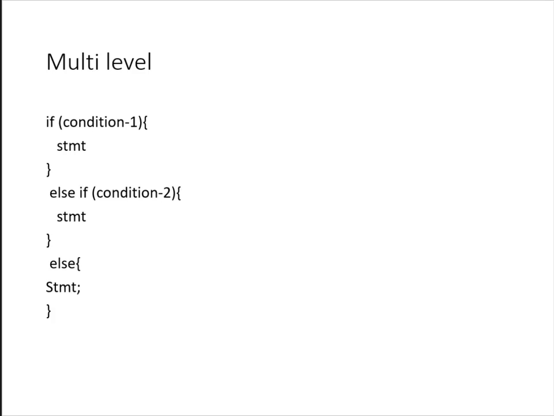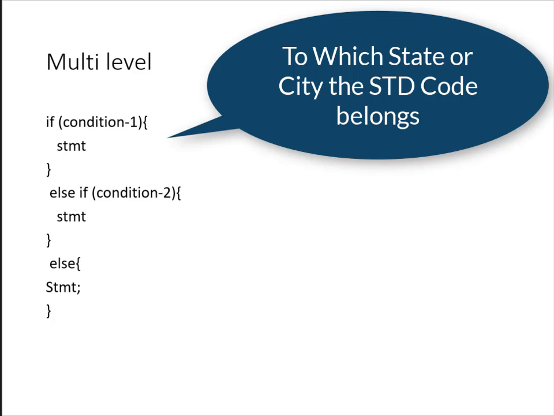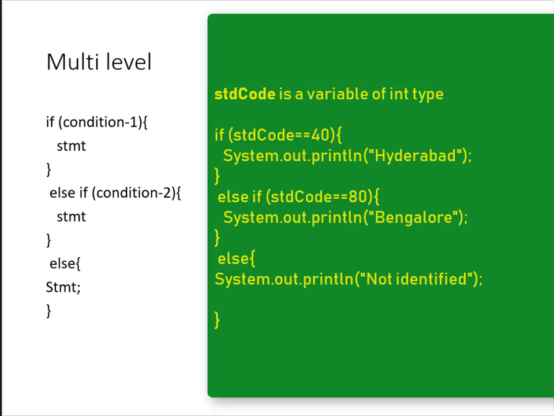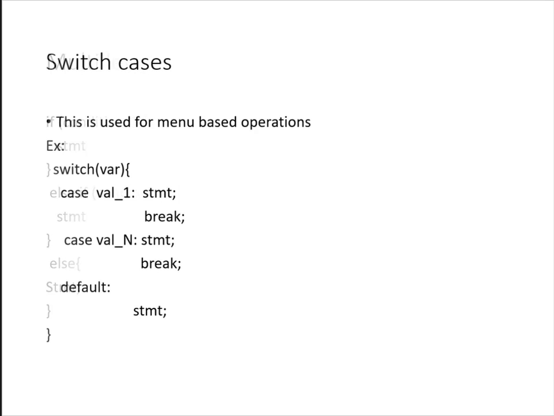Based on that, I have to identify which state this person belongs to. The code follows as here. If STD code equals 40, we can say it belongs to Hyderabad. If code is equal to 80, then we can say the state belongs to Bangalore. Otherwise, it is an unknown STD code, so we can say it is not identified.